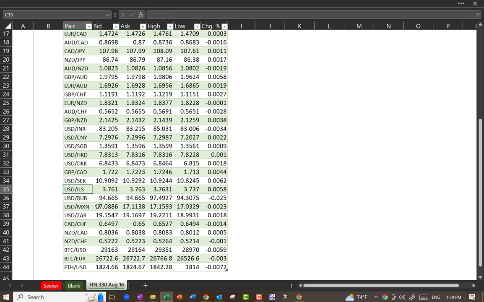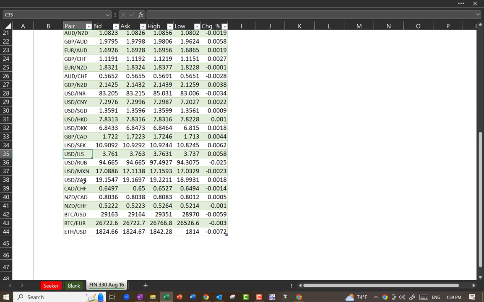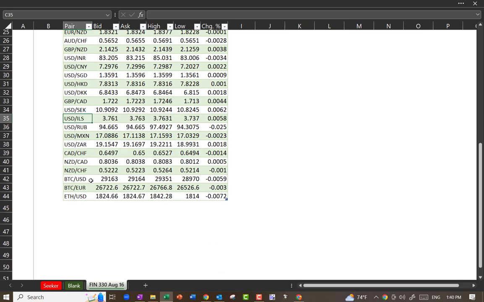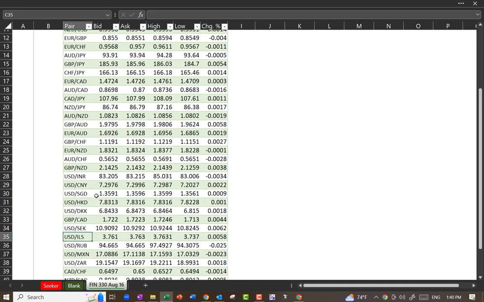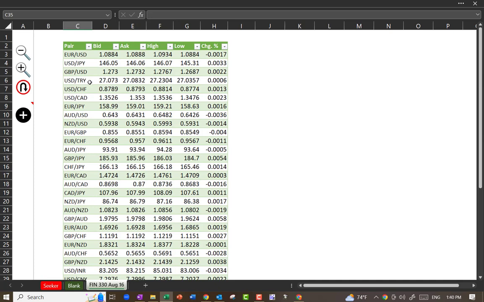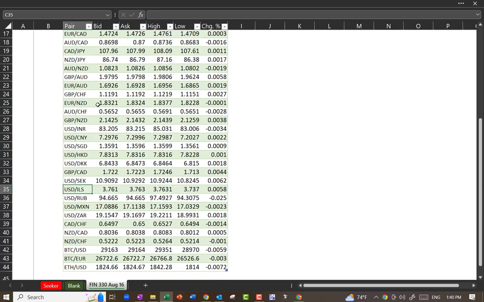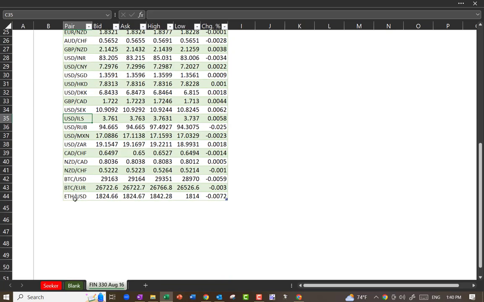We already talked about ZAR. And that's about it. I don't know why they don't have Turkish lira here. Oh, they do. TRY is Turkish lira. And these are Bitcoin and Ethereum. Okay.